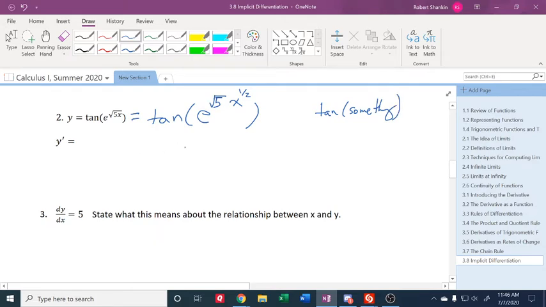So the derivative of tangent of something is secant squared of that something, times the derivative of everything except the tangent, because we took care of the outermost function.